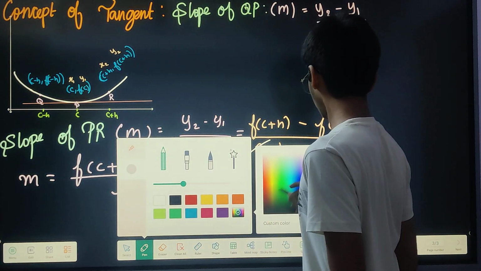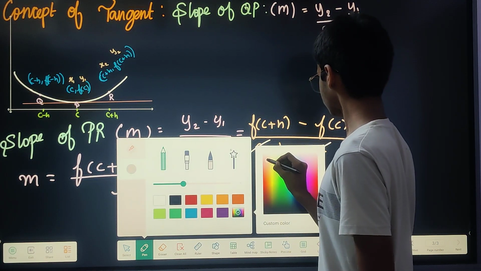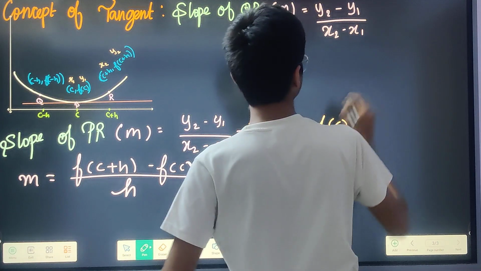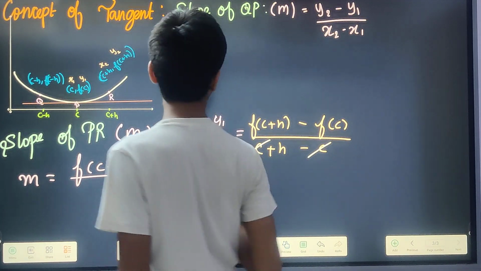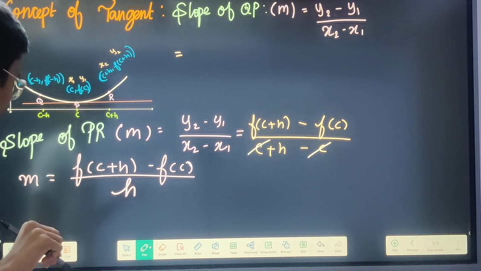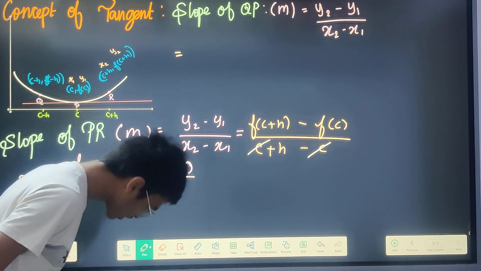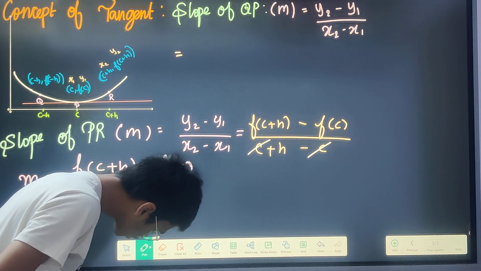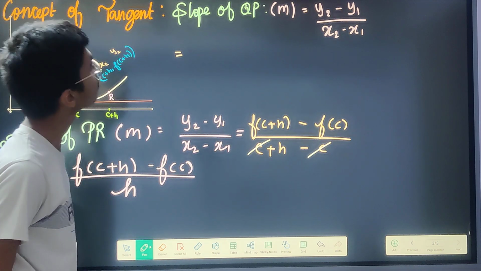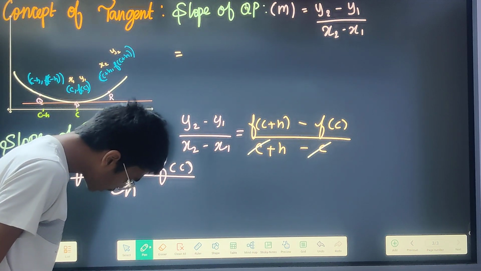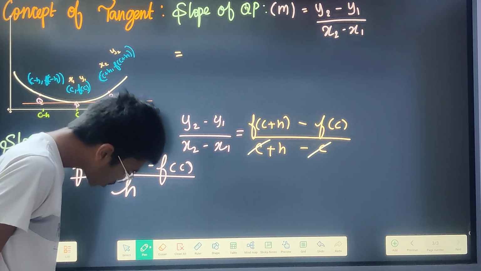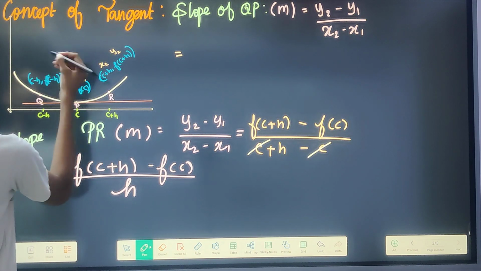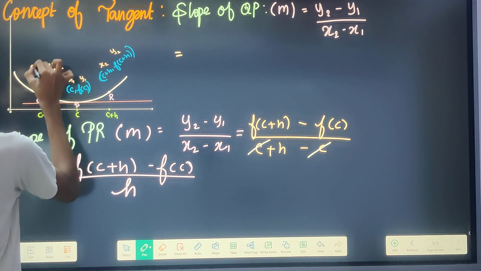So hereby I can equate it. How will I equate it? What is this? This is going to be QP, right? Here also I'm going to choose this one as y2 and x2.